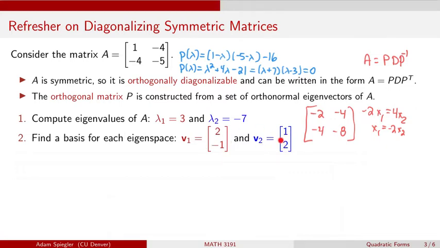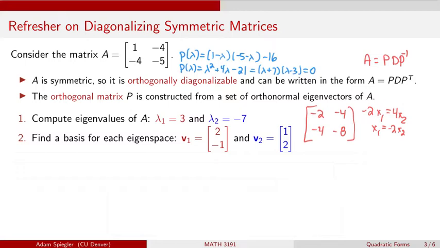Now we've got two linearly independent eigenvectors for the matrix A. So we can diagonalize it, and moreover, we can diagonalize it in such a way that the matrix P we choose is an orthogonal matrix. Next, we would take these two vectors and, if possible, find an orthonormal set of vectors that spans the same space.